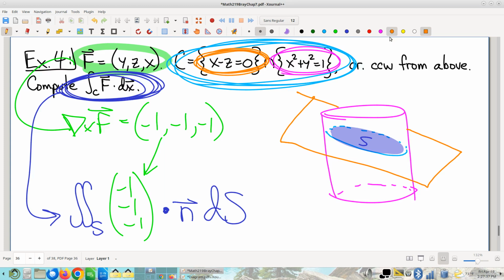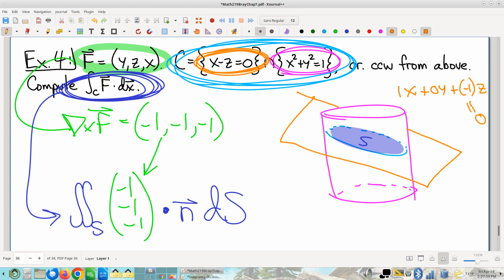This plane has a really easy equation, which I'm going to rewrite as follows: 1x plus 0y plus negative 1z equals 0.